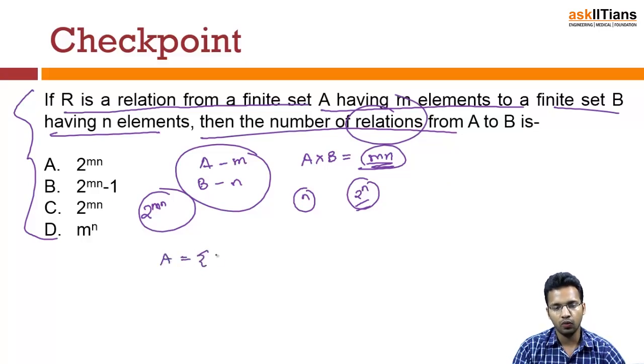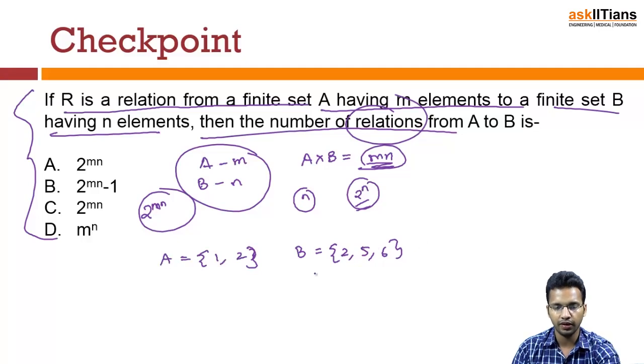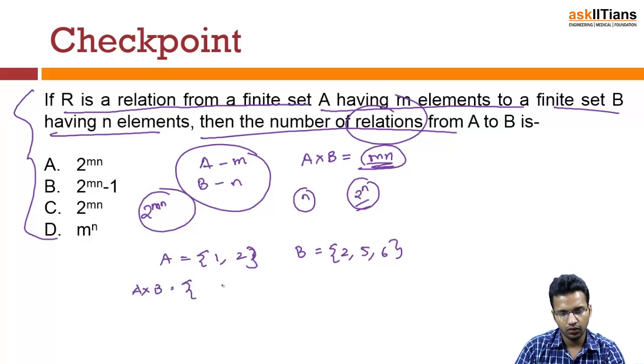If I take A as 1, 2 and B as 2, 5, 6, then A cross B will be 1, 2, then 1, 5, then 1, 6, and 2 comma 2, 2 comma 5, 2 comma 6.